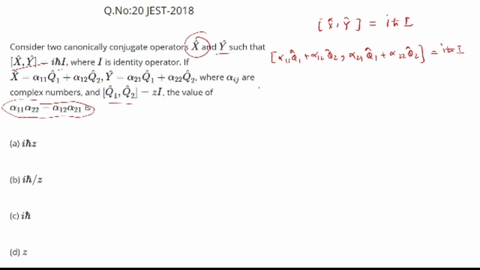Now according to the commutator relation rules, we can relate q1 with q1 here, q1 with q1 here, and also q1 with q2 here.